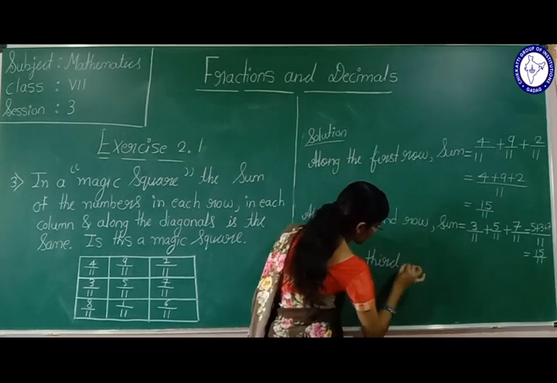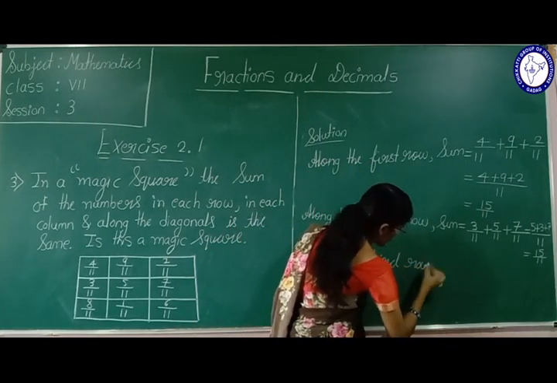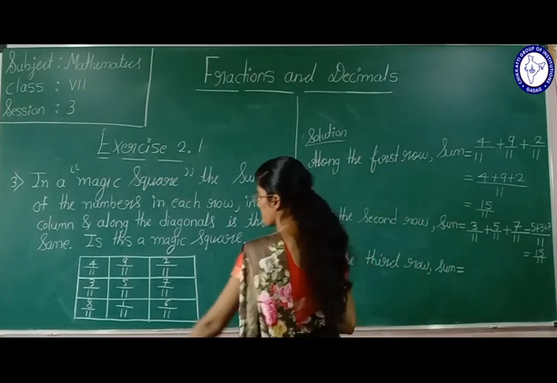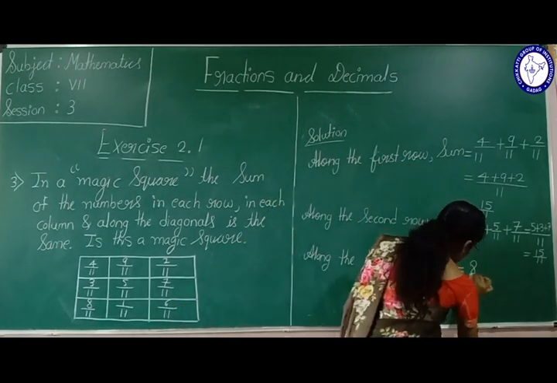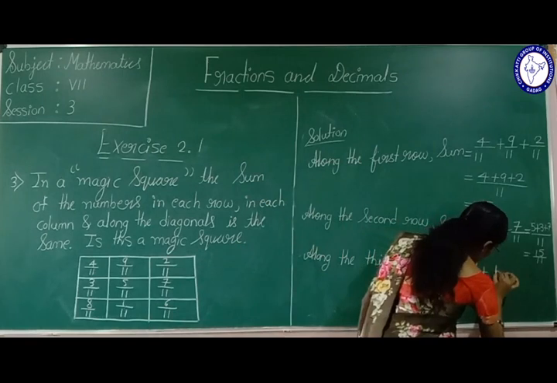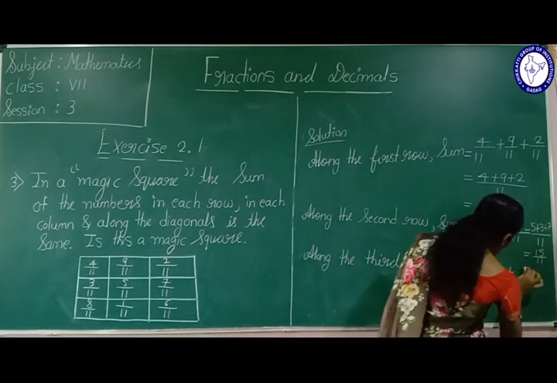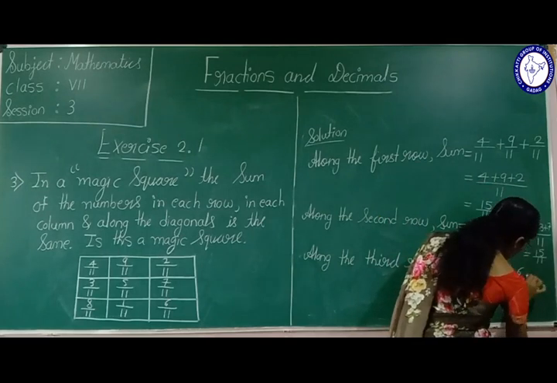Now we will see along the third row. Along the third row, sum is equal to, okay, 8 by 11 plus 1 by 11 plus 6 by 11.